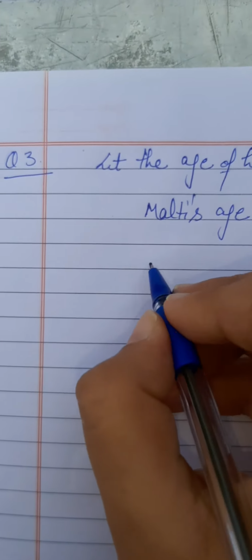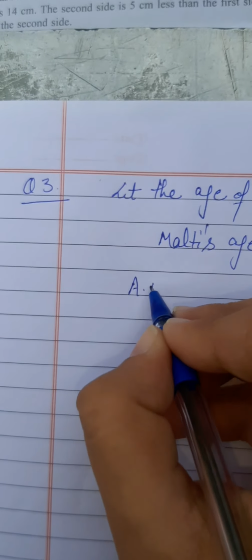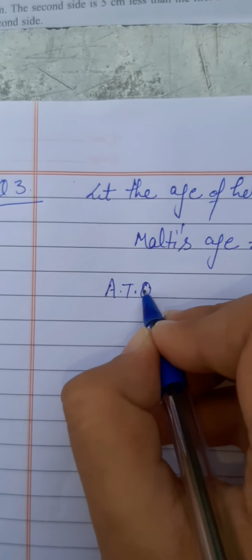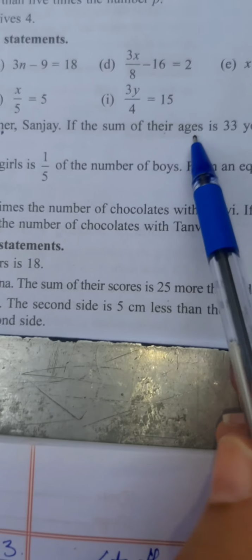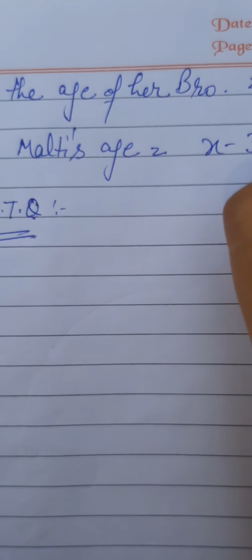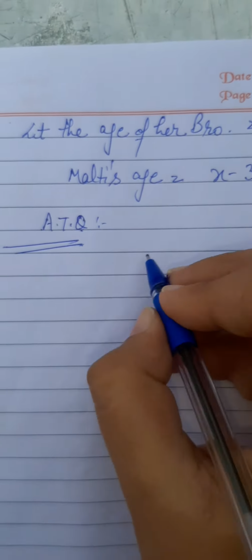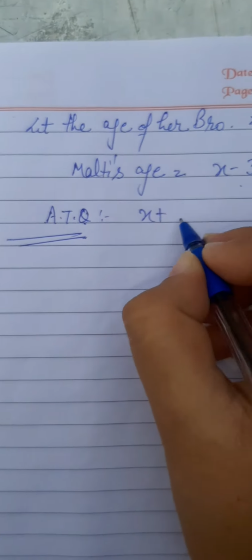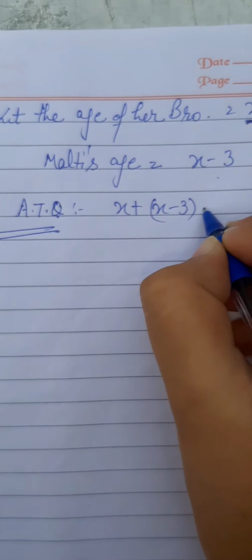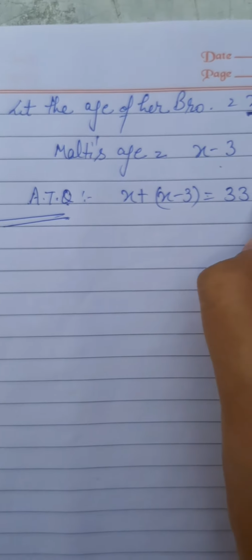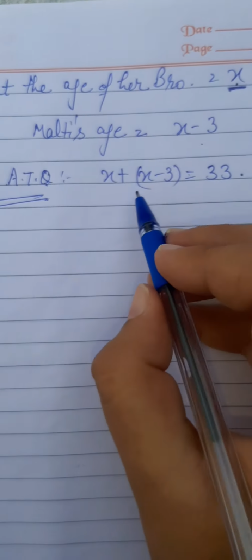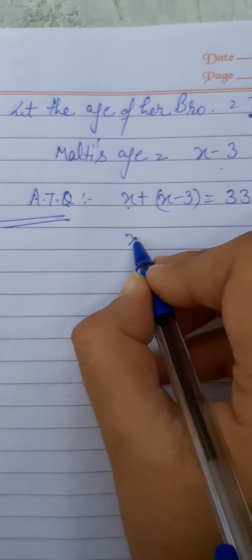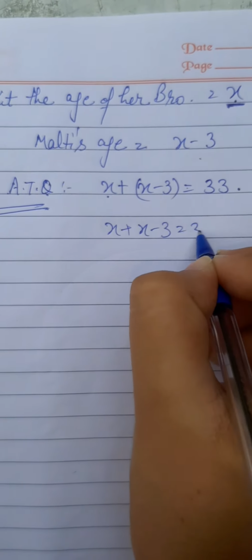Now according to the question, the sum of their ages, the sum of both ages, the brother's age is x and the sister's age is x minus 3, is 33 years. So write an equation to find their age. So the equation will be x plus x minus 3 is equal to 33.